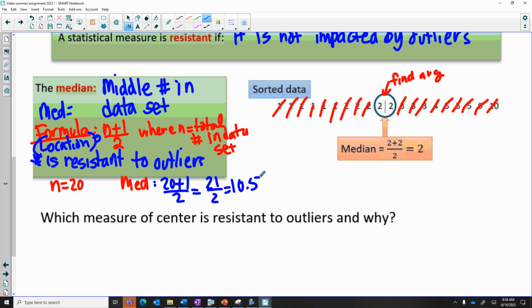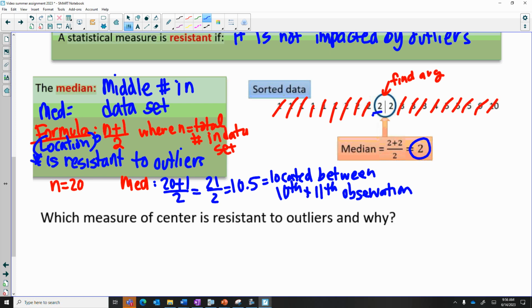Now this does not mean that the median is 10.5, because the median wasn't 10.5, it was 2. It means that the median is located between the 10th and the 11th observation. So the 10th number was here, the 11th number was here, and the average of the 10th and the 11th wound up being 2. So the location of the median is going to be this formula here.